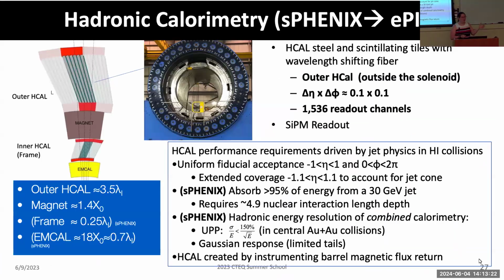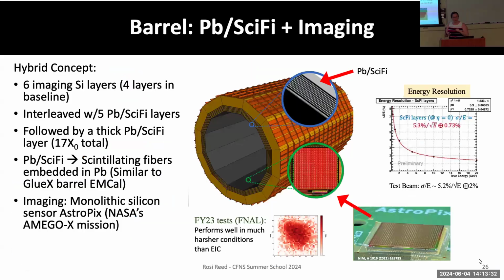So then we can move to hadronic calorimetry. Oh, sorry. What is the physics motivation for the barrel calorimeter? So really, you want to be able to measure electrons and photons and pi zeros. It's outside of the tracking layers.